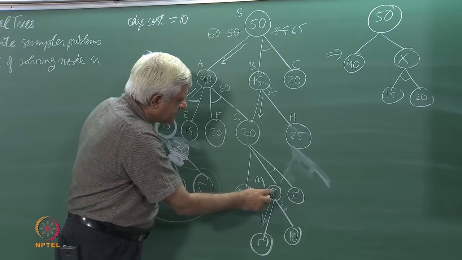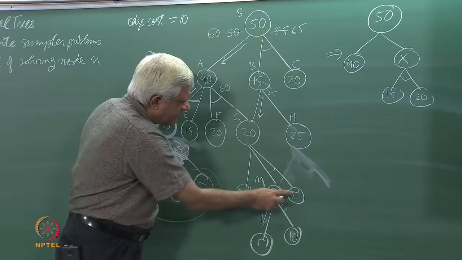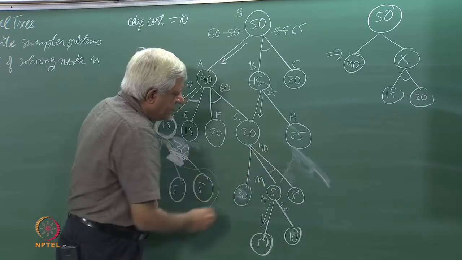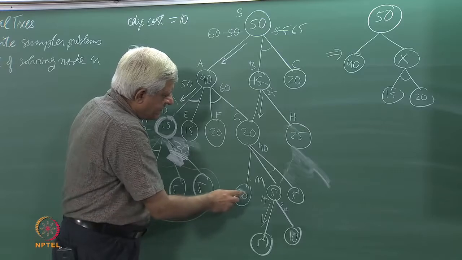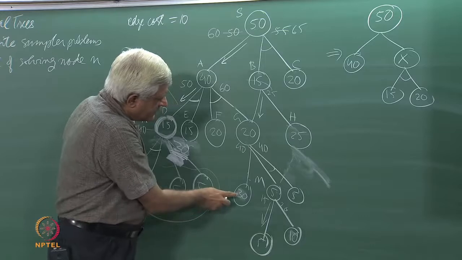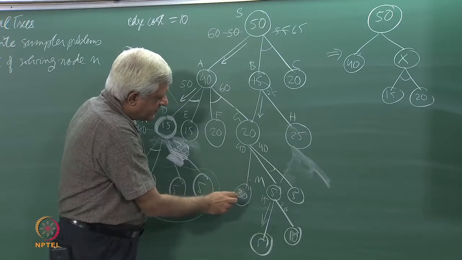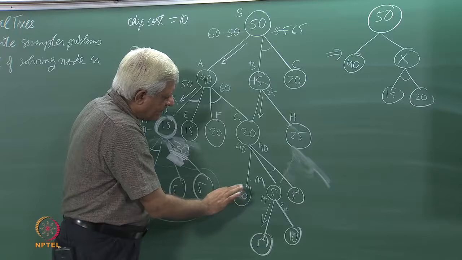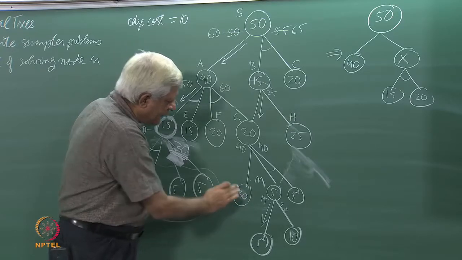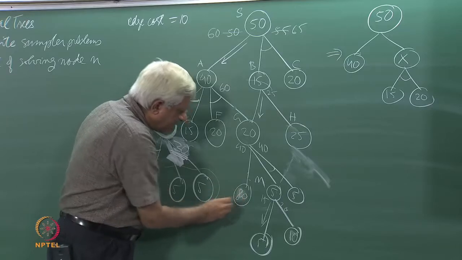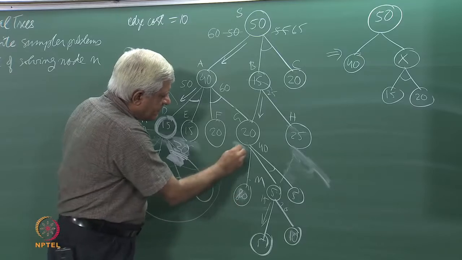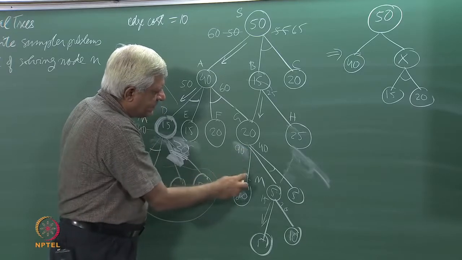So, this has become 15 plus 5, 20, plus 20, which is 40, and this was originally also 40 because this is 30 plus 10. Let us say this was 80 to start with, otherwise I would not have gone there at all. So, if this was 80, this is now 90.